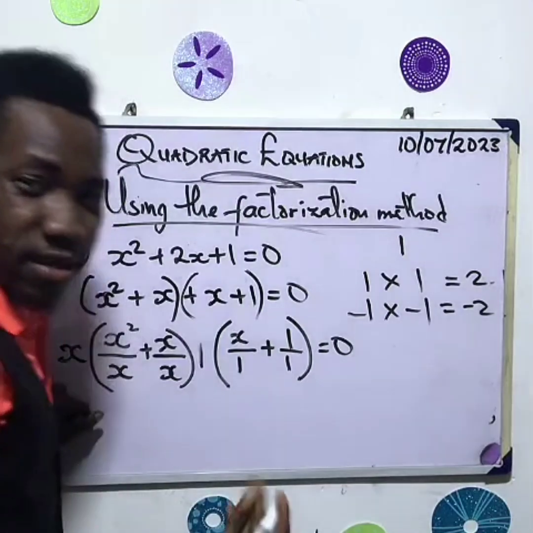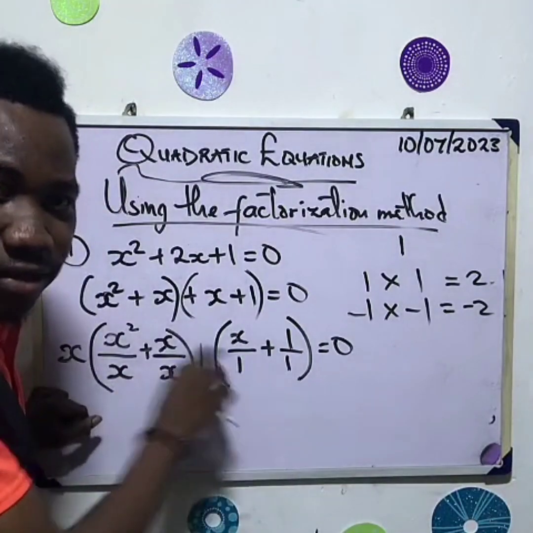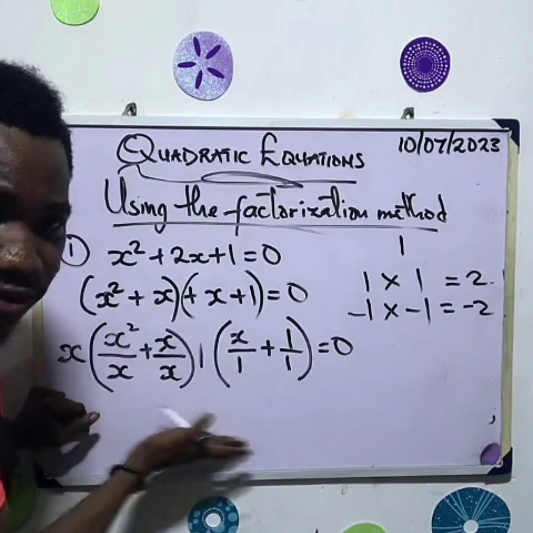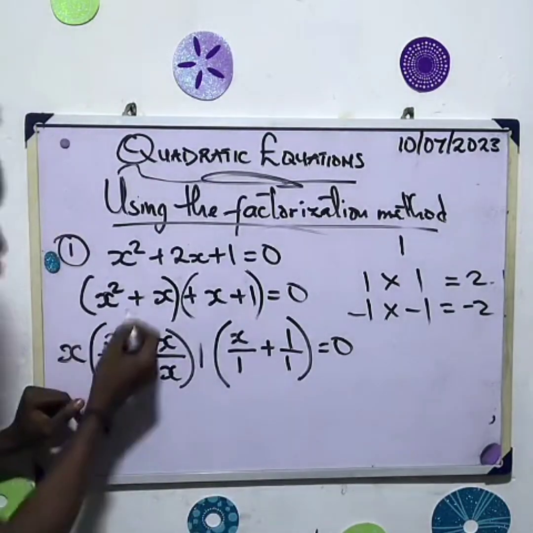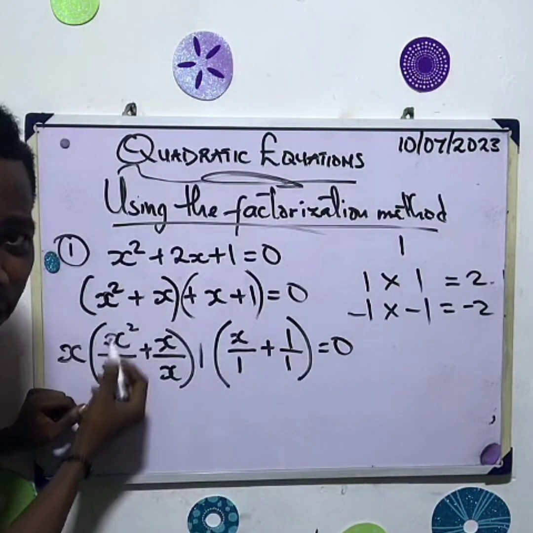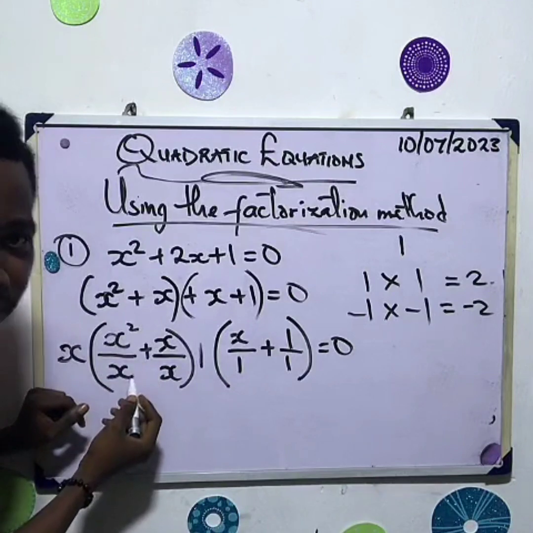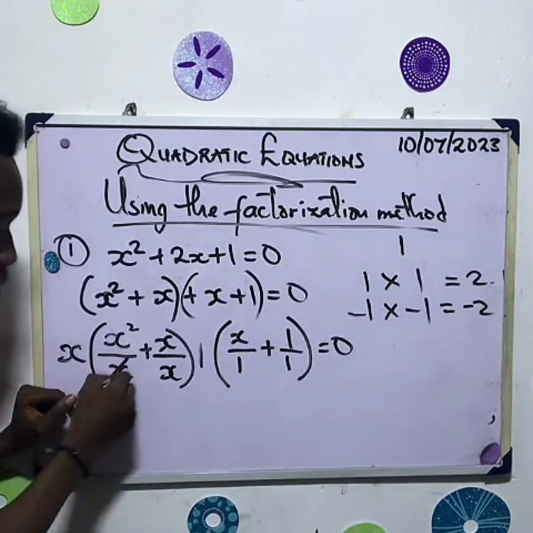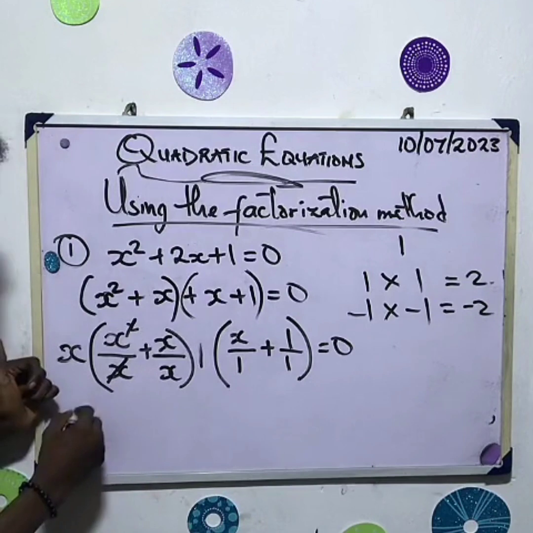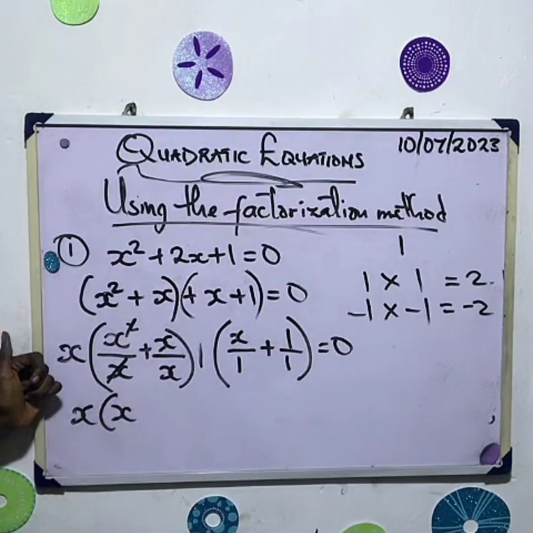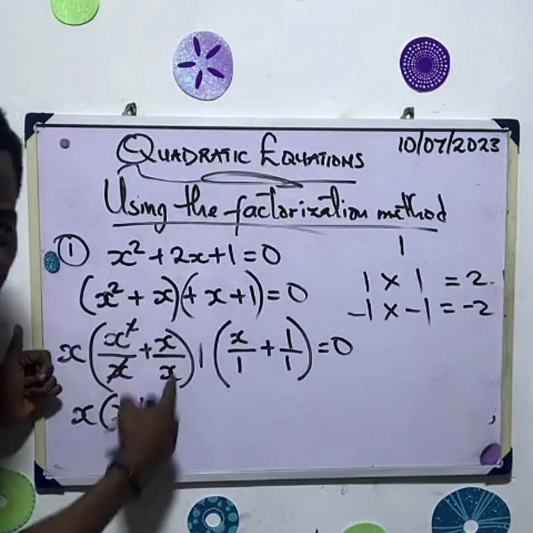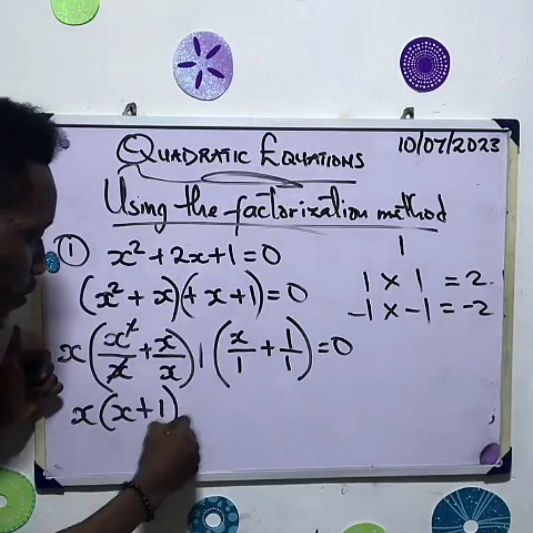The next equation, I'm not going to do this division, alright? I just want us to understand how we will get to the next step. So now, x squared divided by x will give us x, because x will cancel one of the x here, and then you're going to have just x. Then plus x divided by x, 1.